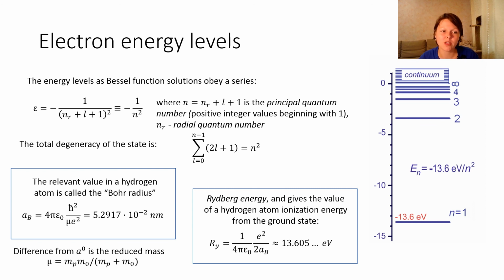So the Bohr radius in this case will be the radius of the s orbital, and also the radius of the space where we can definitely find the electron of the hydrogen atom.